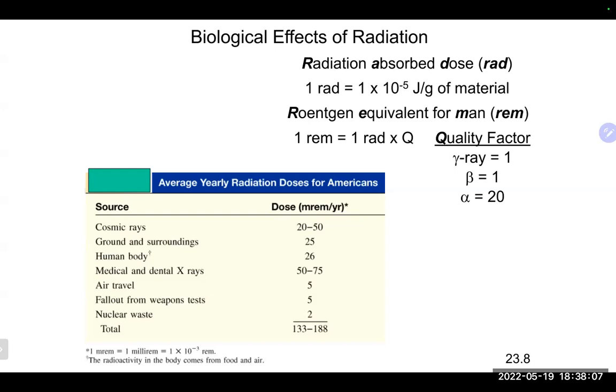But to figure out the effect on man, it is multiplied by the type of emission that occurs. As you remember before, gamma rays, the top one, penetrate lead pretty far, and also penetrate your tissue the farthest, followed by beta, and then alpha doesn't penetrate as far. That's why alpha has a higher factor there.